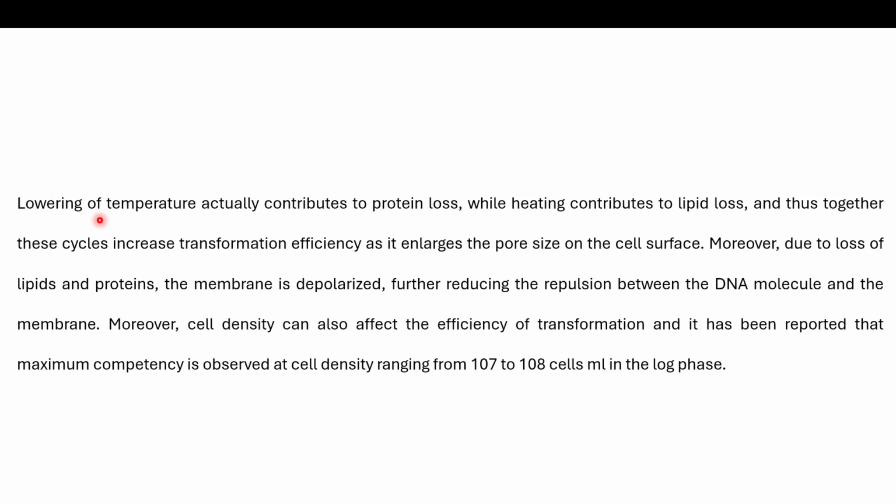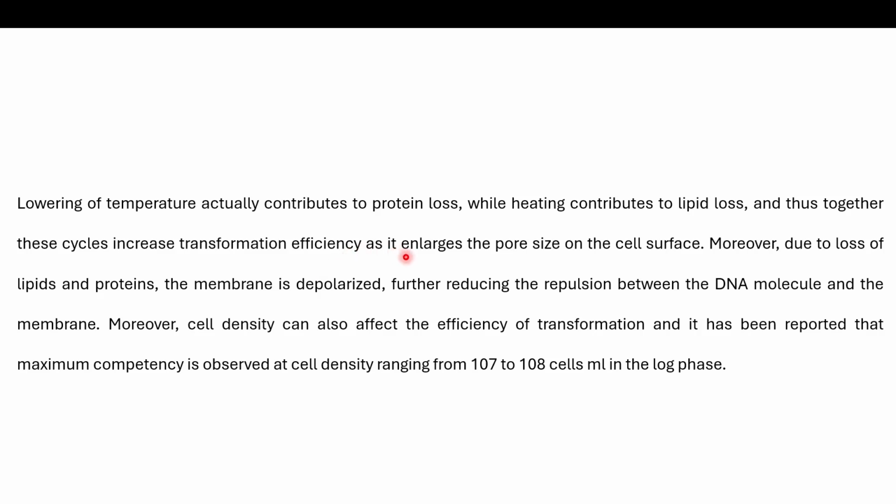What exactly happens is that when we lower the temperature, it can contribute to protein loss, and heating, when we are giving the heat shock mostly at 42 degrees Celsius, leads to lipid loss, and thus together these cycles increase the transformation efficiency. How do these cycles contribute?